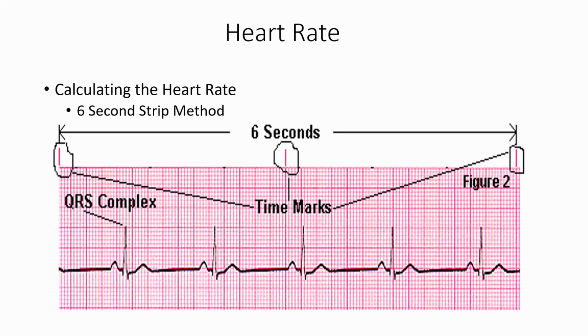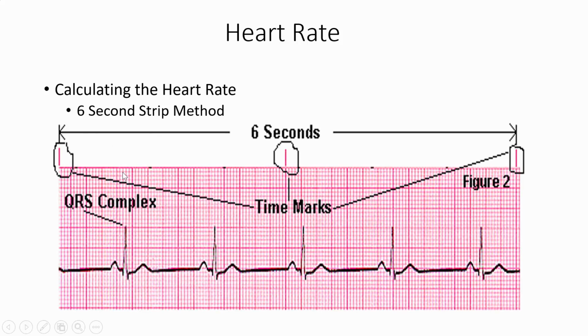So the first step is the heart rate, and that is what we're going to do right here. We're going to go ahead and talk about our heart rate. So remember how I told you in part 1 about everything being 6-second strips, and you have some EKG papers that have hash marks. These, where my little arrow is, are a great example of the hash marks.